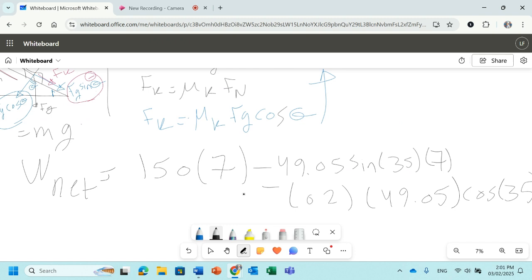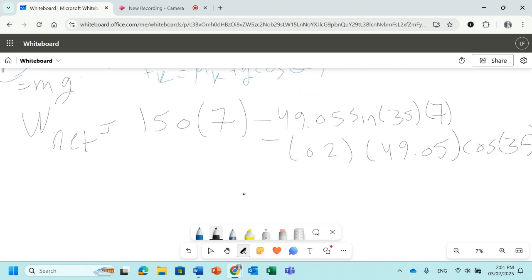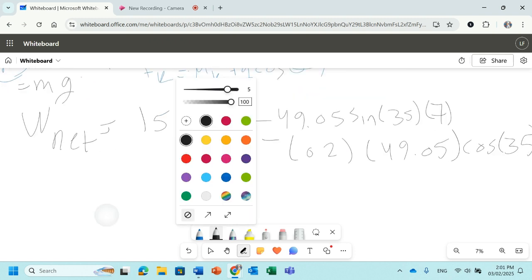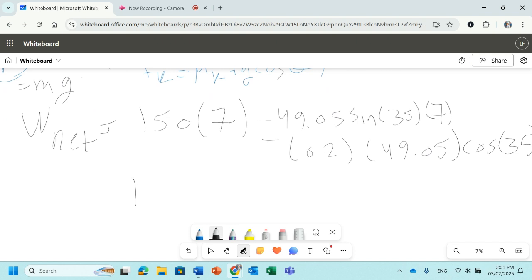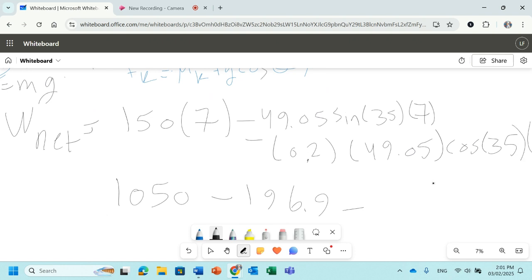Okay, so let's count these numbers. 150 times 7 will be 1050, minus 49.05 sine 35 times 7, which will be 196.9, minus 0.2 times 49.05 cosine 35 times 7.